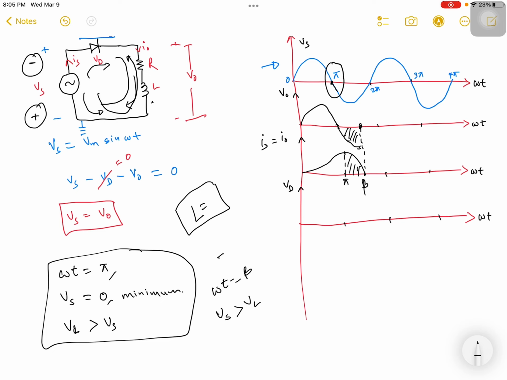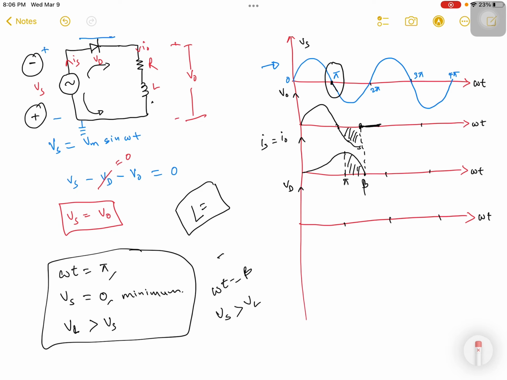So during that time your diode will be in reverse bias and it will not conduct. So during that time your output voltage VO will be 0. Now this one we can also verify with Kirchhoff's voltage law.